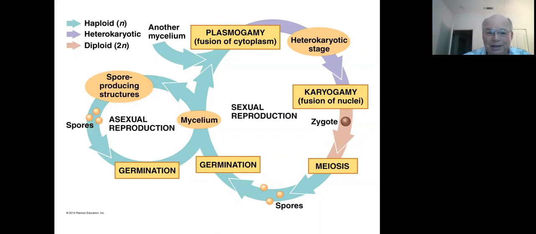But in the sexual stage, there is going to be a transitory diploid stage, and it's the nature of the origin of that transitory diploid stage that really defines what type of fungus you're looking at. That's why we pay attention to the sexual side of the reproductive cycle, because that's where the differences lie, and that gives us a means of defining the clades and defining which clade a fungus belongs to.